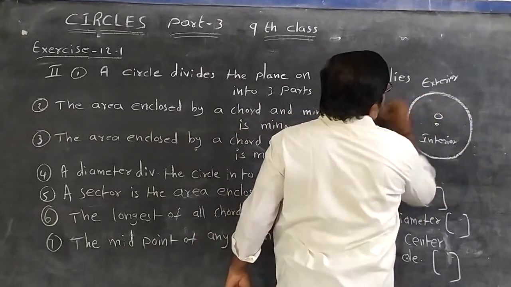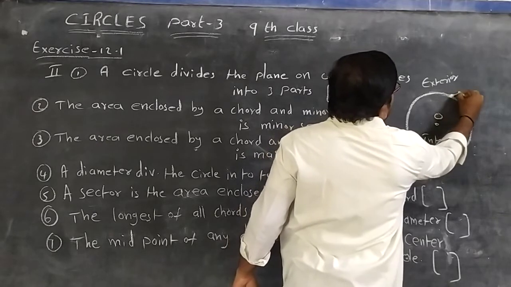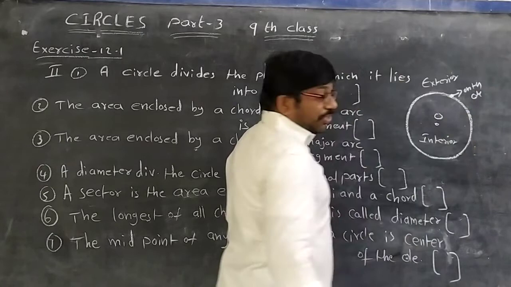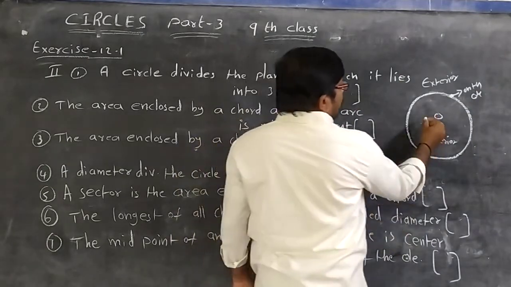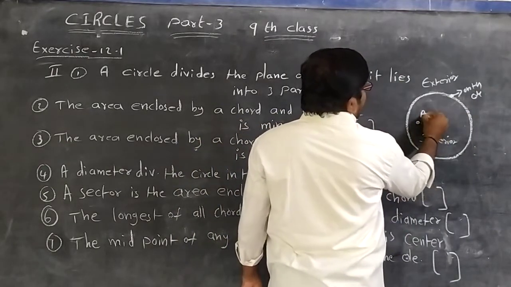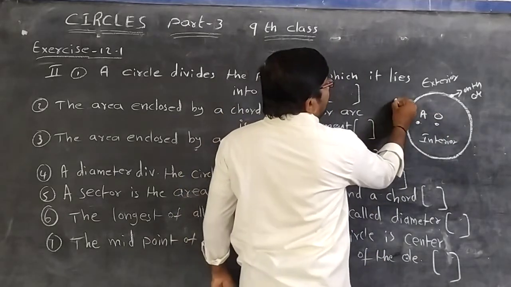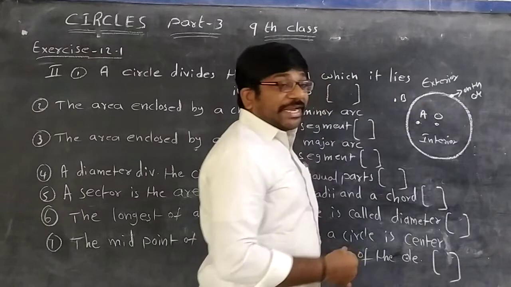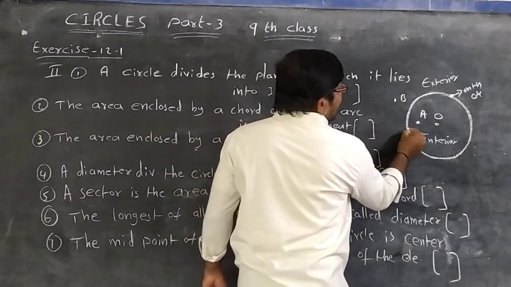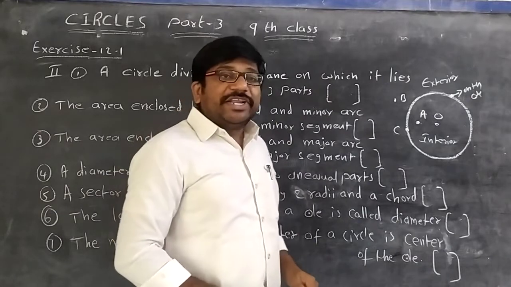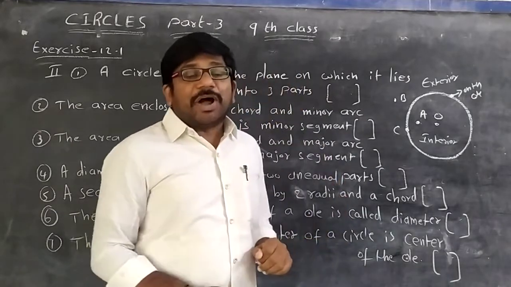Observe carefully, on the circle. Total 3 parts. Suppose we take a point A inside the circle, a point B outside the circle, and a point C on the circle, right? So we decide 3 parts.